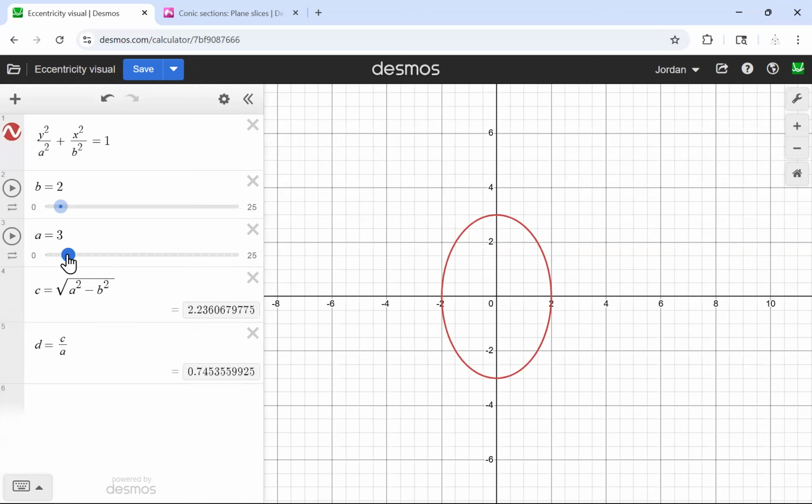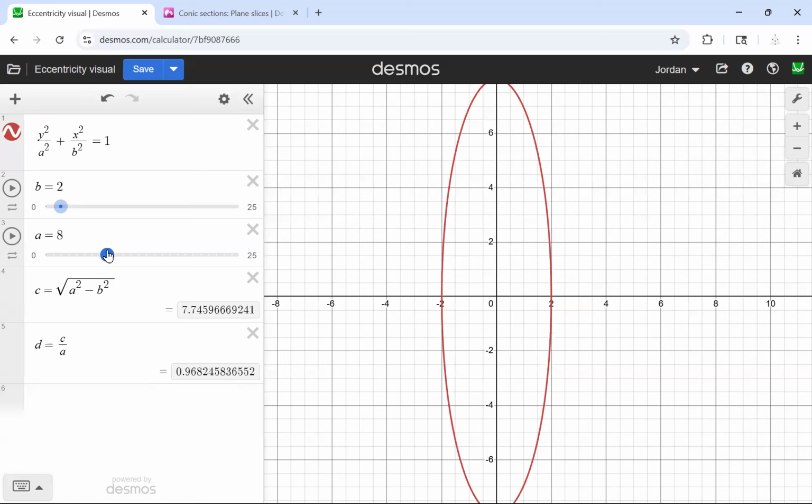And it doesn't take very long to get that close to 1. If you just stretch it out to here, then the eccentricity becomes roughly 0.75. And if I stretch it out more, it gets pretty darn close to 1 pretty quickly.